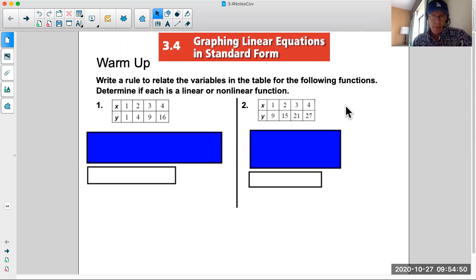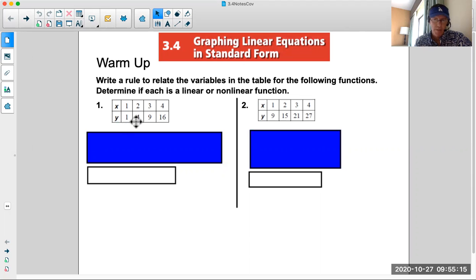I want you to write a rule to relate the variables in the table for the following functions. So we're told they're functions, right? And then we'll determine if it's a linear or nonlinear function. So in other words, what would the rules be here if you're looking where x is increasing by 1 and y is increasing by what?